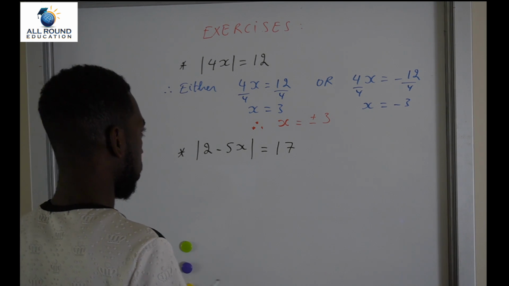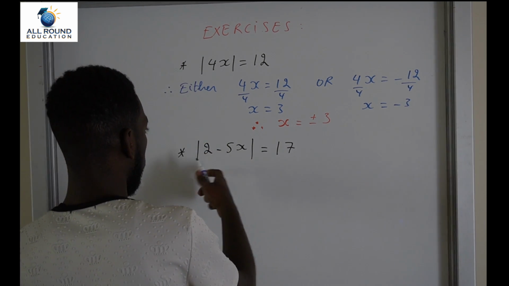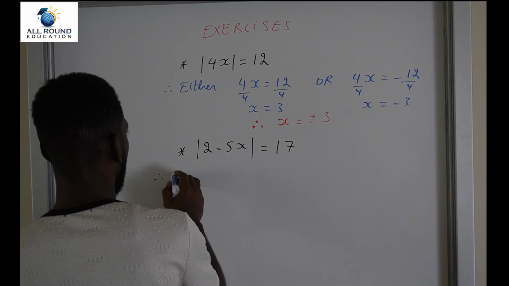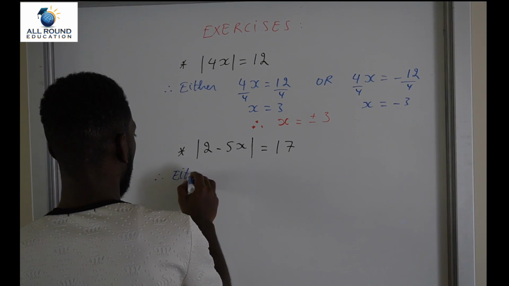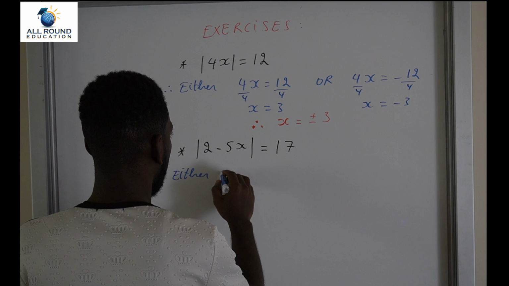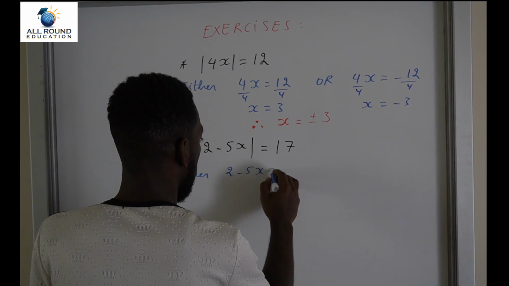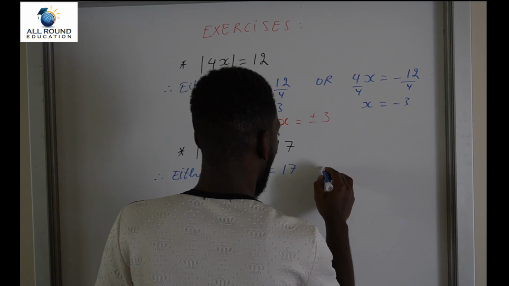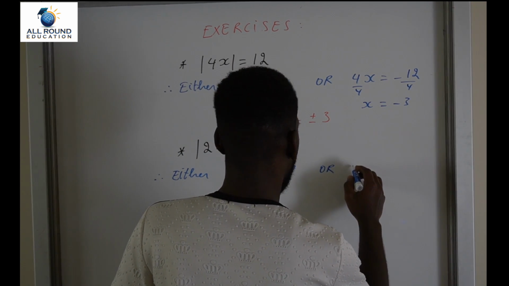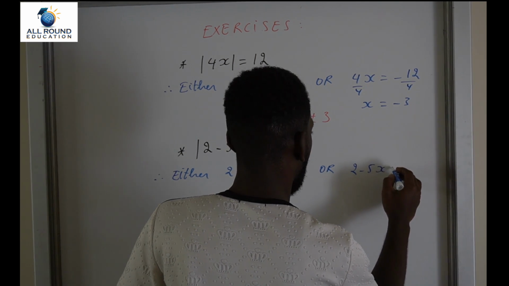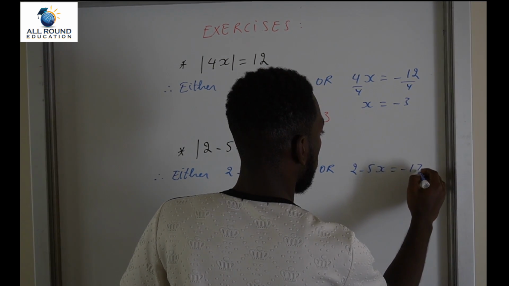The second example is kind of similar. Same thing, we don't know the nature of this, so we have to suppose either 2 minus 5x is equal to 17, or 2 minus 5x is equal to negative 17.